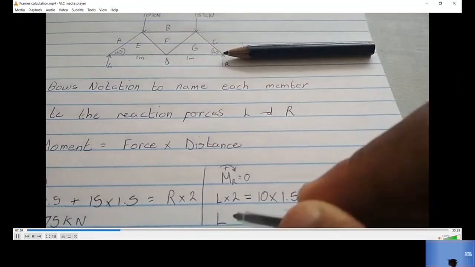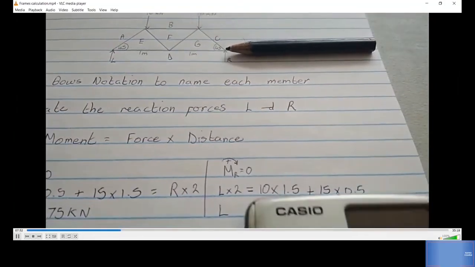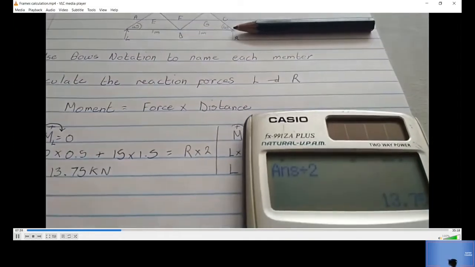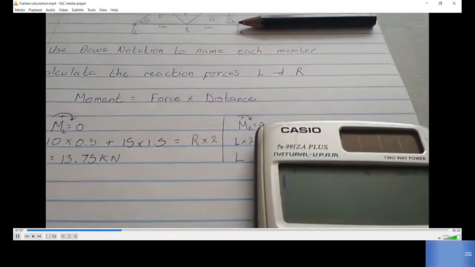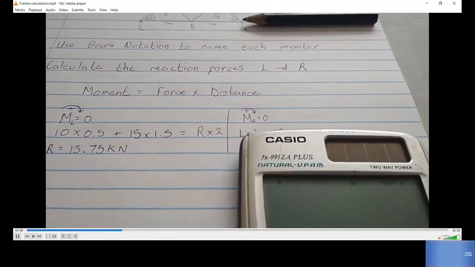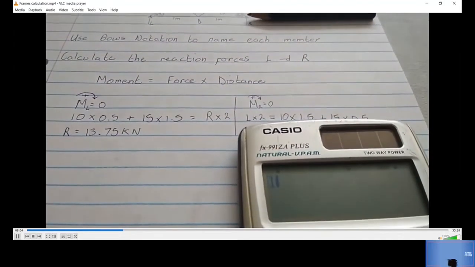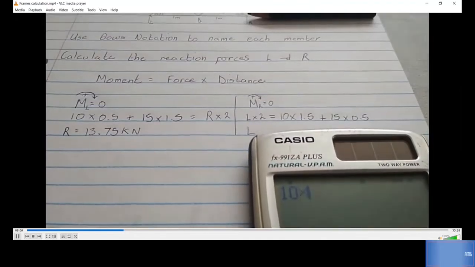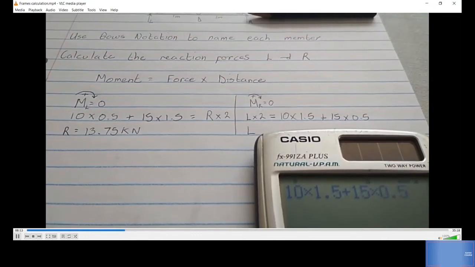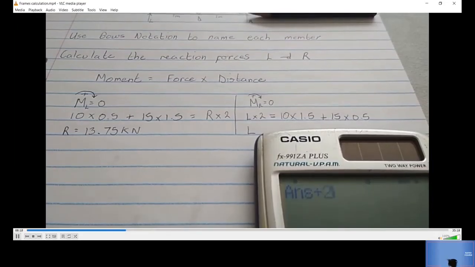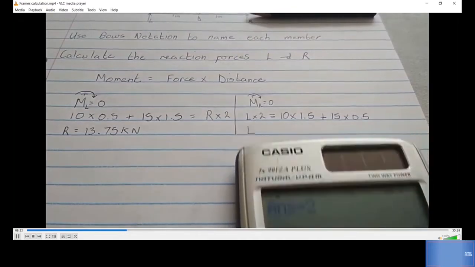Okay, so we can go ahead and put this in a calculator now. Let's see what we get. Okay, so we have 10 times 1.5 plus 15 times 0.5, is equal to that divided by 2, and we get 11.25.